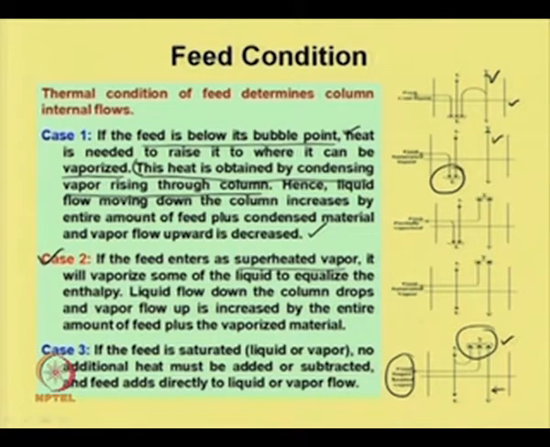Similarly, if the feed is saturated vapor, then the vapor flow will be added to the top of the feed tray, and the liquid flow in both sections remains the same. And if it is a vapor and liquid mixture, partially vaporized, then it will divide into two sections. So, the liquid flow and the vapor flow in both sections will change.